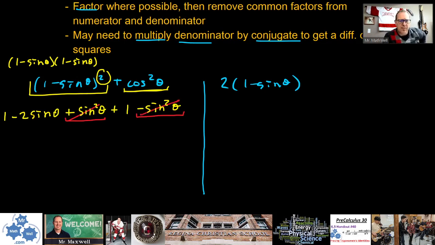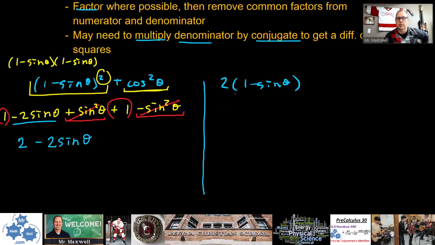Oh, I also have a 1 plus 1. So let's rewrite this as 2. And then what do I have left over? Minus 2 sine theta. So you see how we've transformed that into something that looks very different. And then you want to keep your eye on this side and say, hey, am I close?